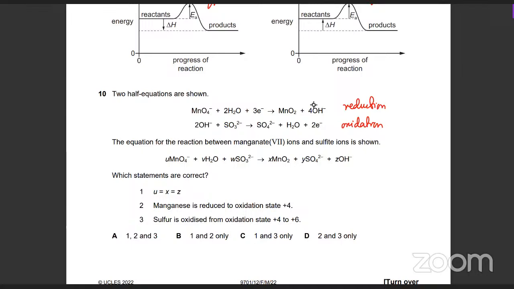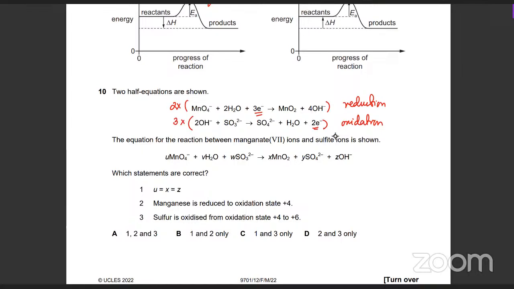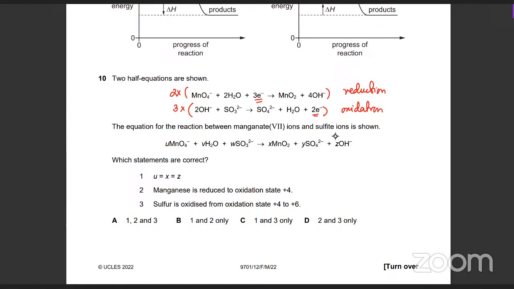When you have to make the complete redox reaction, you have to multiply both equations by a certain number so that the number of electrons gained and lost become equal. I'm going to multiply this whole equation by 2 and this whole equation by 3, and then just add the reactants and add the products.